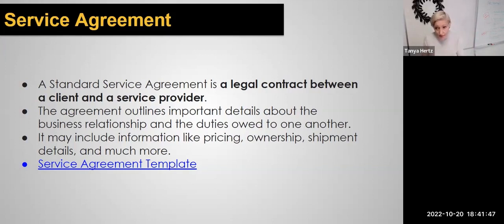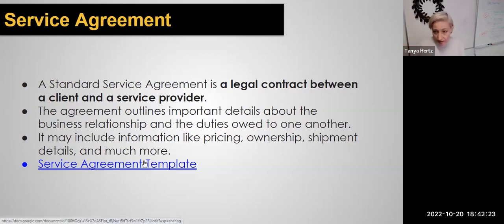Typically, the person providing the services is the service provider, and the agreement outlines important details about the relationship, the duties that are owed to one another, including duties for payment, duties for services rendered, what they look like, when they're performed, when they're due, etc. And they typically include a lot of information about timing, pricing, ownership, payment details, so much more, shipment if it's included. And I've included here a copy of a service agreement.